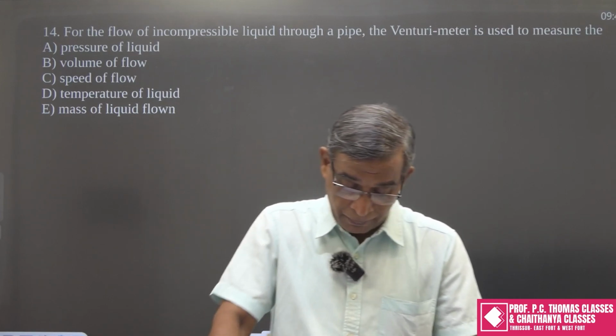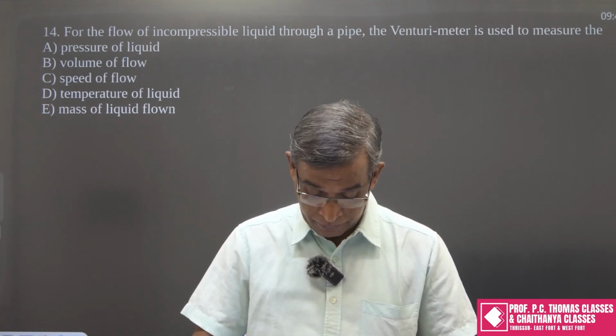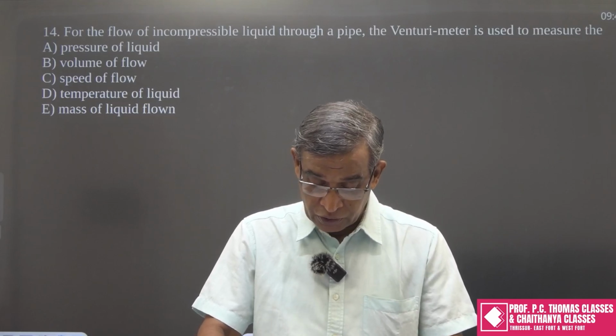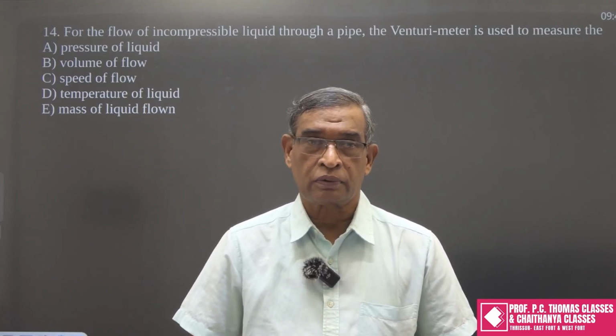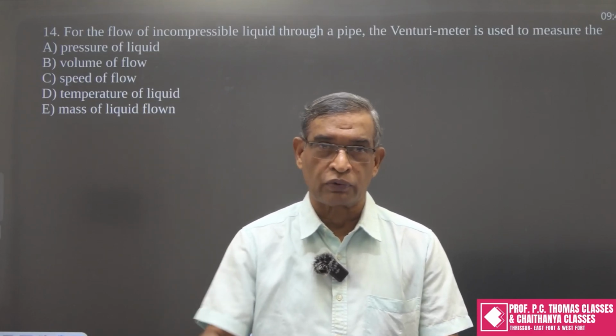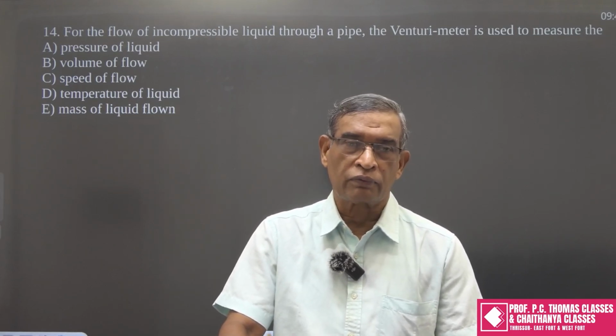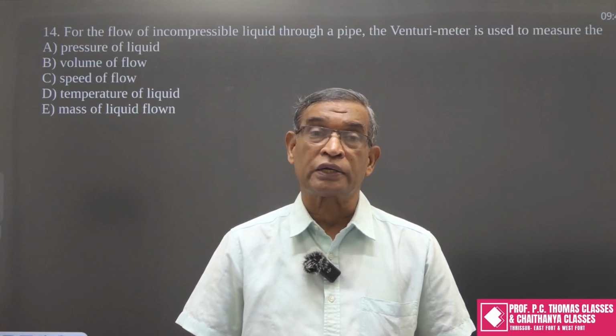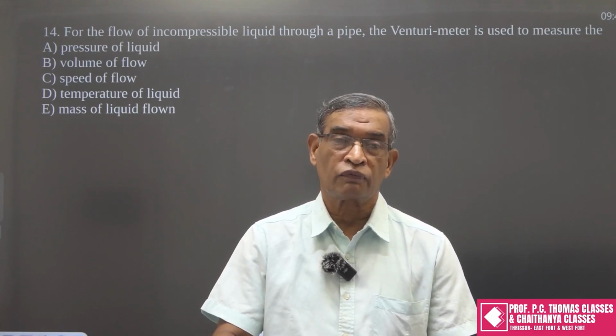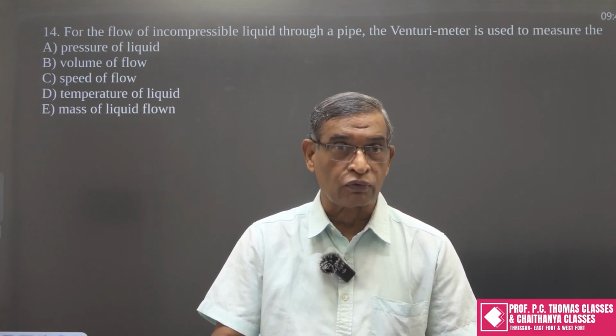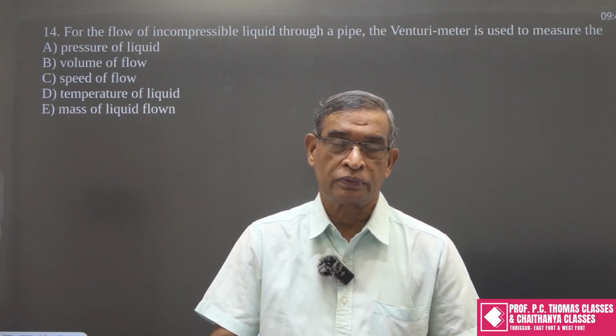For flow of incompressible liquids through a pipe, the venturimeter is used to measure? The principle of the venturimeter is there very well in your NCERT book. We can calculate the velocity of flow first. Knowing the velocity of flow, you can calculate the volume flux.